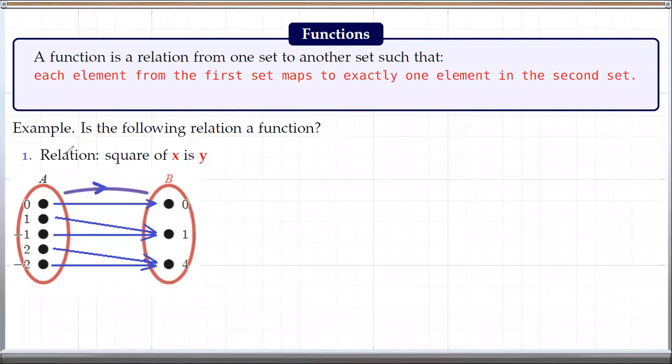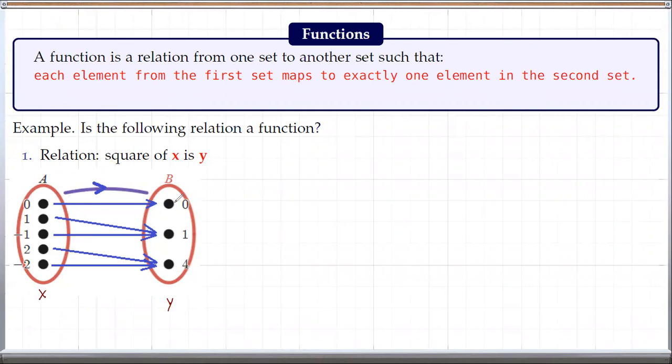In the following relation of function, we have a relation square of x is y. So here these are x values and these are y values. If you look at the correspondence here, we need to make sure that each element from the first set maps to exactly one element in the second set.